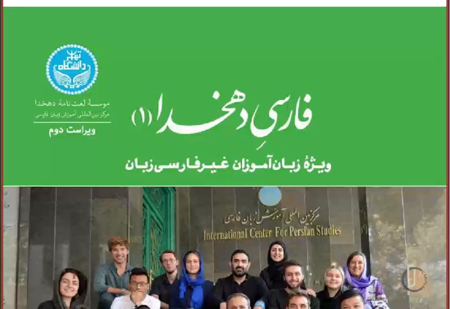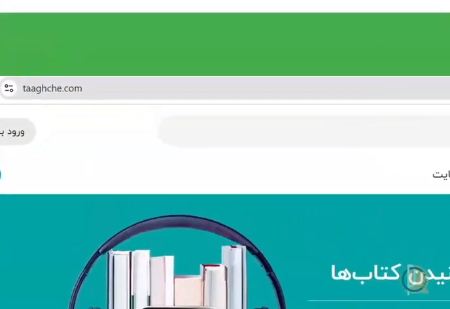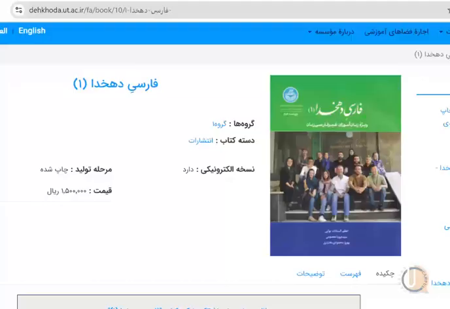As I mentioned earlier, the book that we're going to cover is called Farsi-e Dehkhoda, 2nd edition. The book is published by Dehkhoda Lexicon Institute, and you can buy the electronic version of the book through an Iranian application called Taghche, and download the audio files free of charge from the link in the caption.